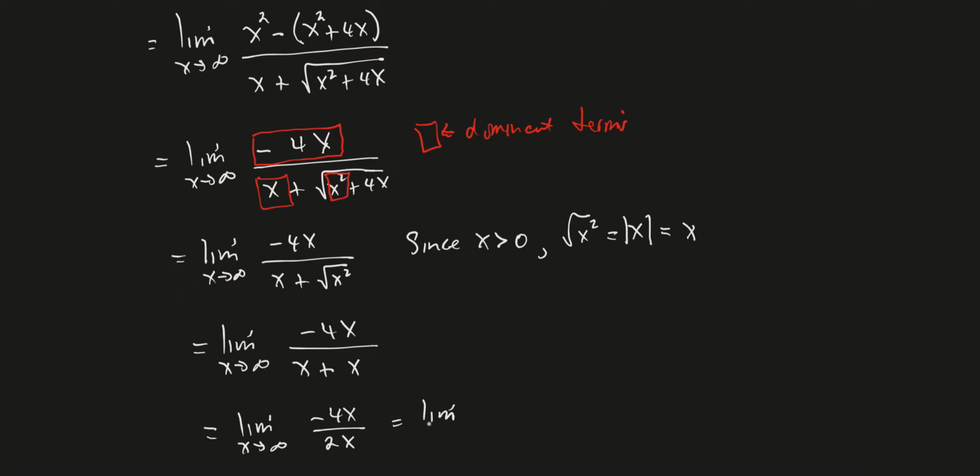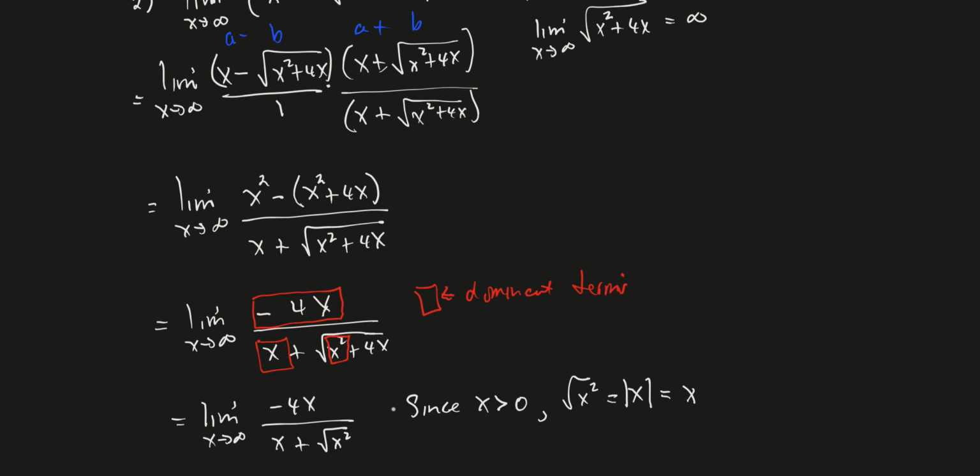So it's the limit as x approaches infinity of negative 2, and again the limit of a constant is that constant, right? So again, it just shows you we started out with this infinity minus infinity form, right?